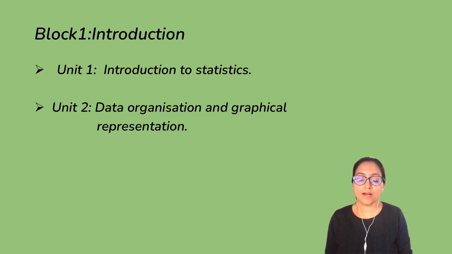In Unit 2, under Data Organization and Graphical Representation, we will be discussing classification and tabulation of qualitative and quantitative data, construction of frequency distribution, cumulative frequency distribution, percentile and percentile ranks, and graphical representation of data. So this was all about Unit 1 and Unit 2, which are in Block 1.